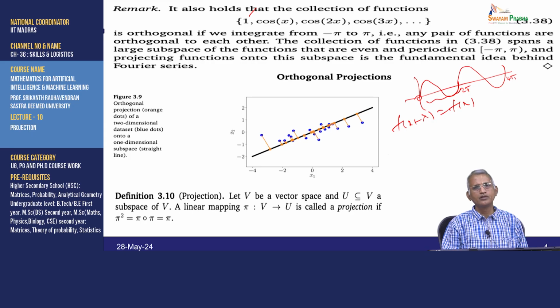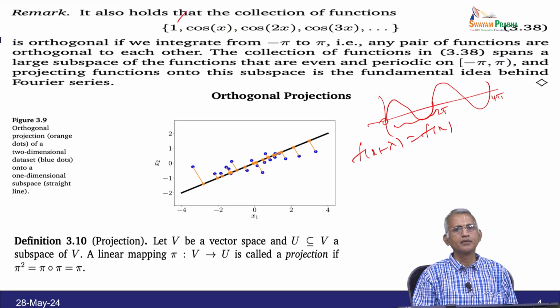You have to check all these things, and then we can expand f(x) equal to a naught by 2 plus the summation from n equal to 1 to infinity of a n cos nx plus b n sin nx, where a naught, a n, b n are the Euler coefficients that can be generated in terms of the Fourier series.